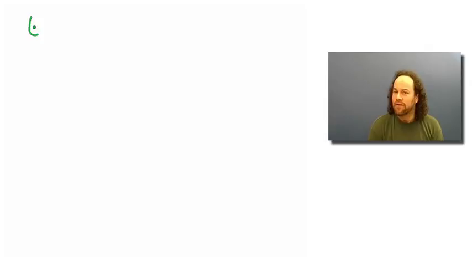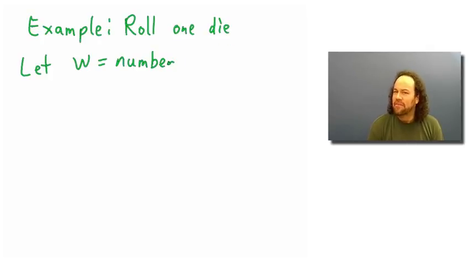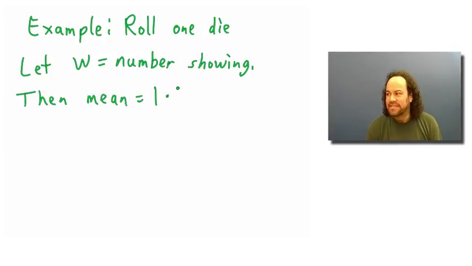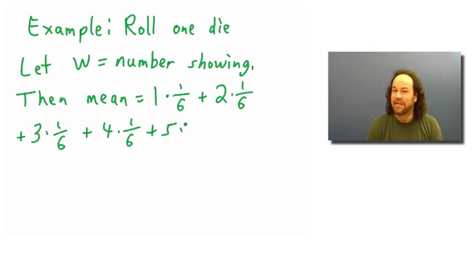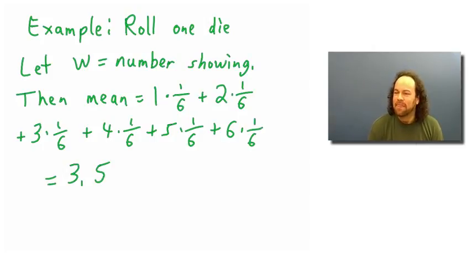So for example, if we're rolling the die and looking at the number shown, then the mean would be equal to, well, 1 multiplied by a sixth, plus 2 multiplied by a sixth, plus 3 multiplied by a sixth, and so on up to plus 6 multiplied by a sixth. This works out to 3.5, not 3 as some people might think. So we say that on average, if you roll a die, the average or mean or expected value that you'll get is equal to 3.5.